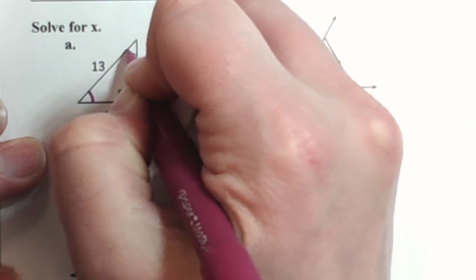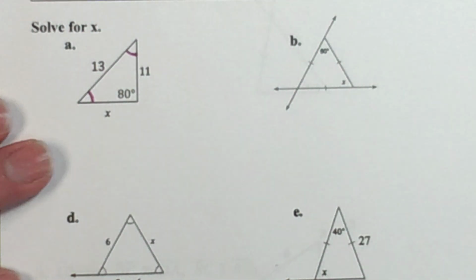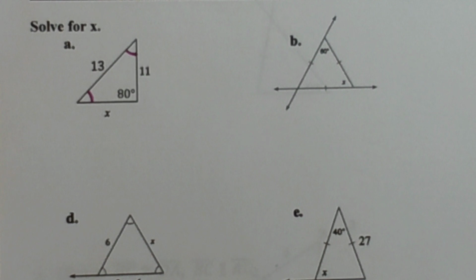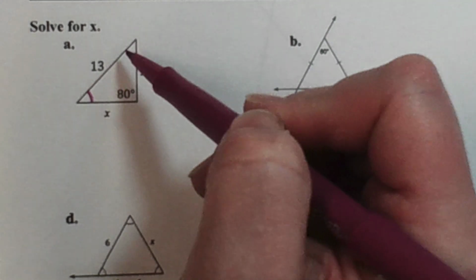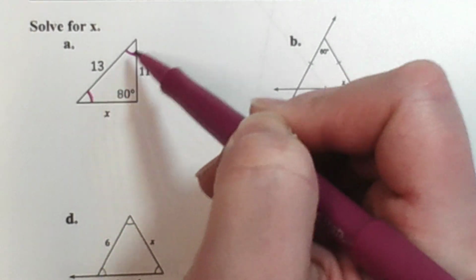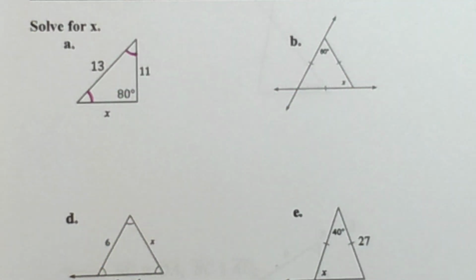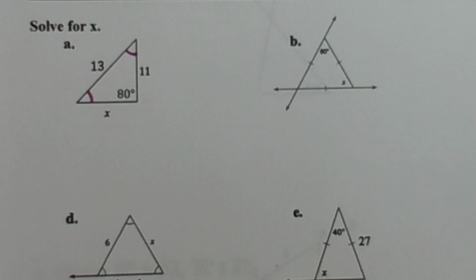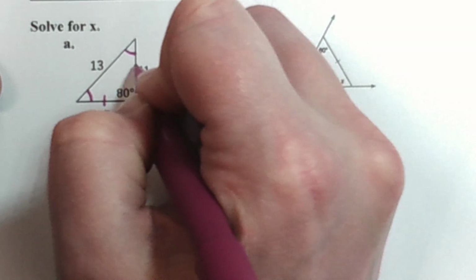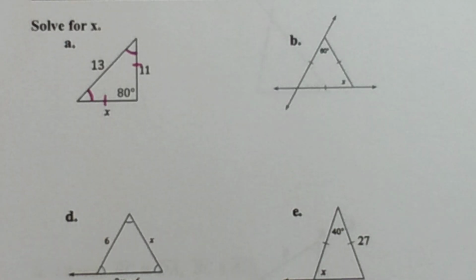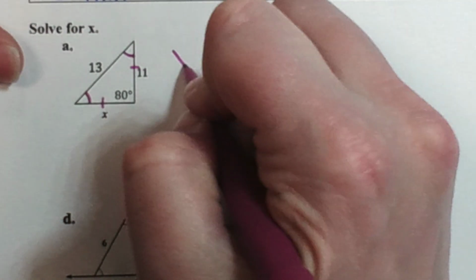And if it's got a pair of congruent angles, it also has a pair of congruent sides. But which ones? Look at the side between them. Which side is between these two? The one marked with what? 13? That's not the congruent one. The between is not the congruent. Those two are congruent. What's x? 11. Ta-da.